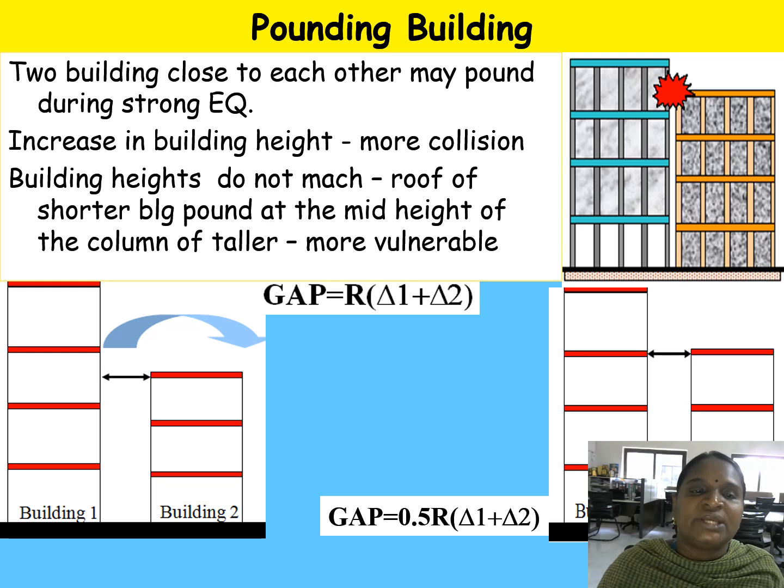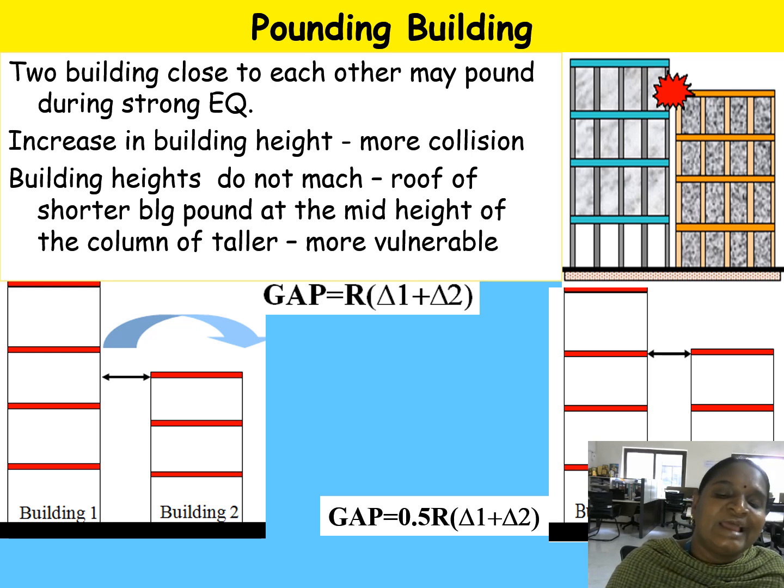So this is the pounding element. Here, if you see, one building is here and another building is here. If two buildings are close to each other, there is a chance of more collision, so we have to give a proper separation joint. For this separation joint, there is a formula. Here the building has 4 floors and this one has 3 floors, and this floor is terminated at the mid of this floor.